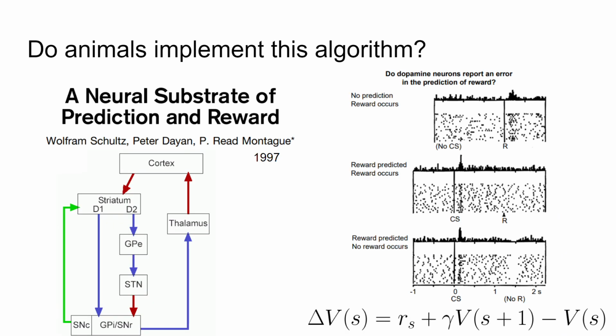Cool. One final thing I do want to mention is there's also some evidence that animals use this algorithm. What do I mean by that? So this paper in '97 out of Peter Dayan's lab made this fascinating argument about this error signal, which is kind of a weird error signal. This isn't just the reward.